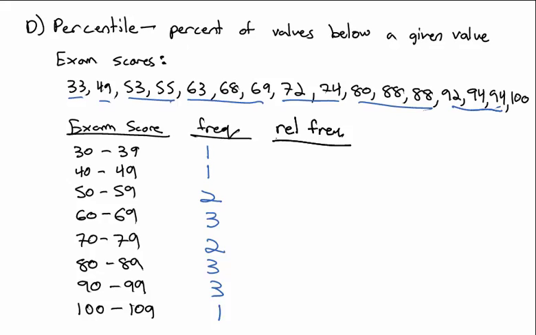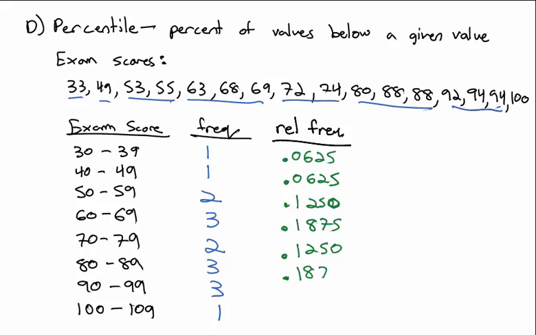There are 16 data values, so 1/16 is 0.0625 for the first two. 2 out of 16 is 0.1250. 3 out of 16 is 0.1875. 2 out of 16 is 0.1250. 3 is 0.1875. 3 again is 0.1875. And 1 is 0.0625.